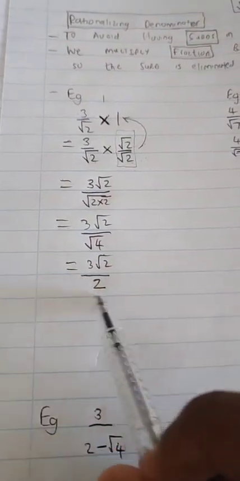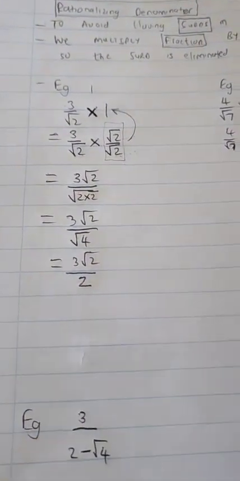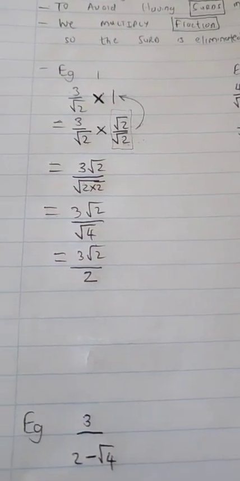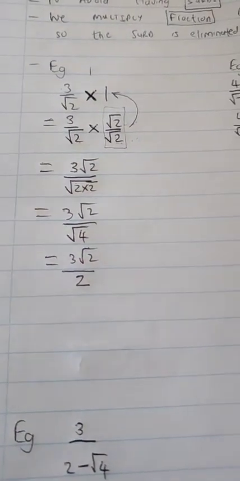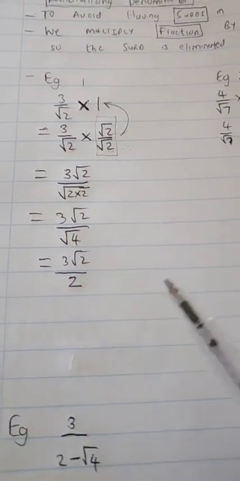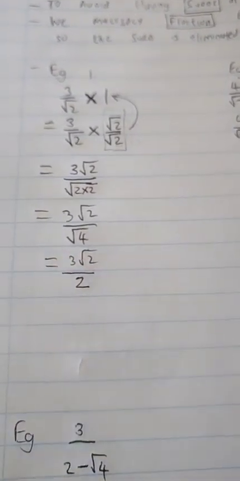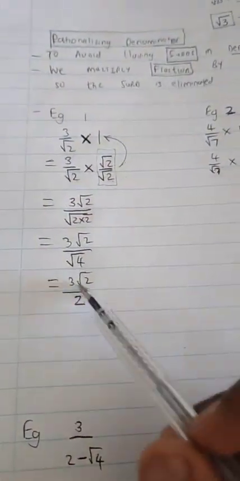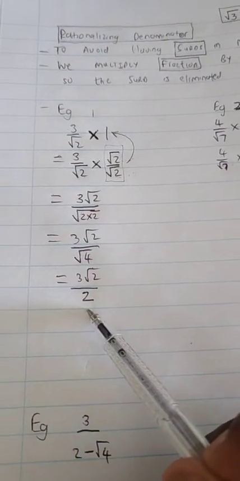Is there a surd now in the denominator, guys? Hopefully you can see that we don't find any surd in the denominator. Rather, we have a surd in the numerator, and that is fine. Can we simplify any further? Can 3 be divided by 2?